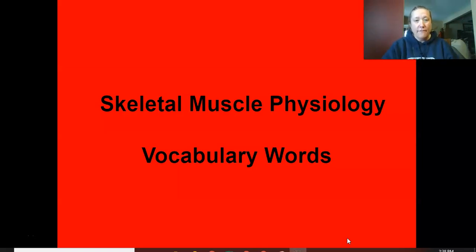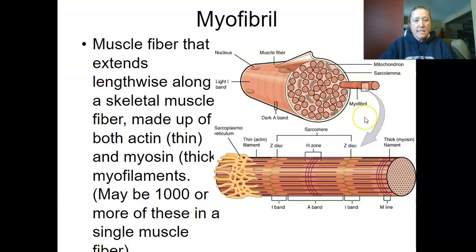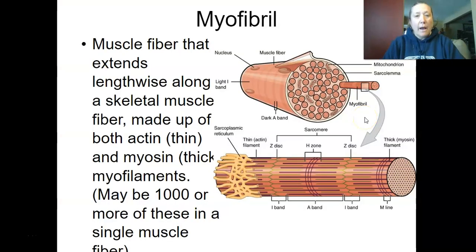All right, so our first word is myofibril. Myofibrils, there's going to be a whole bunch of them in one single muscle cell. Just to recap, a muscle cell is also called a muscle fiber. Inside of that one muscle cell are going to be hundreds to thousands of these little myofibrils, which are basically a muscle fiber.